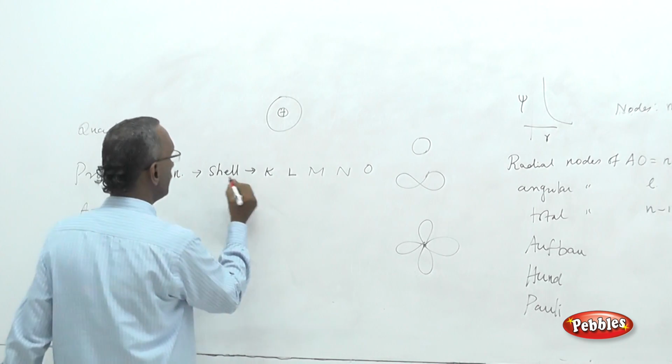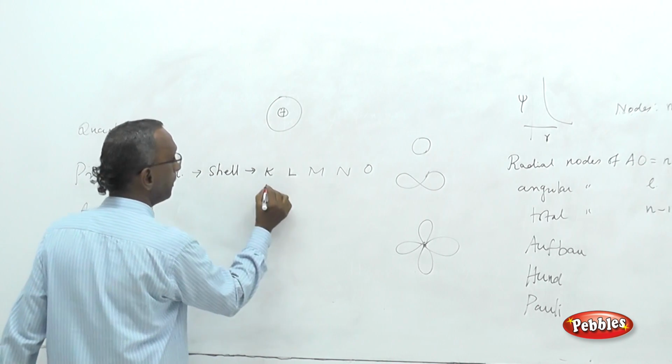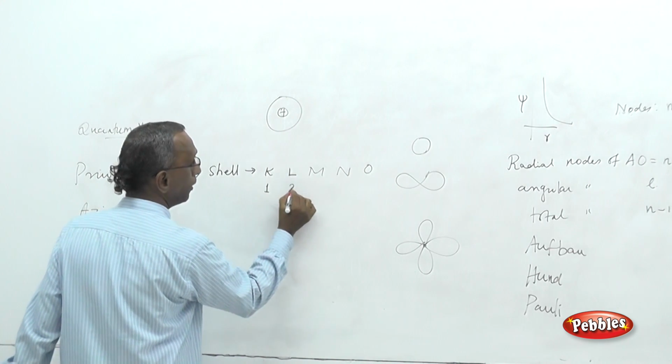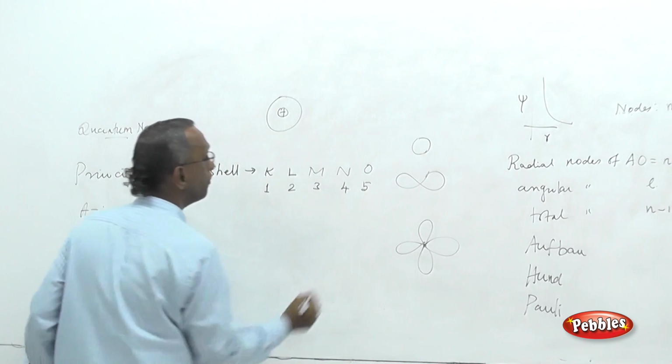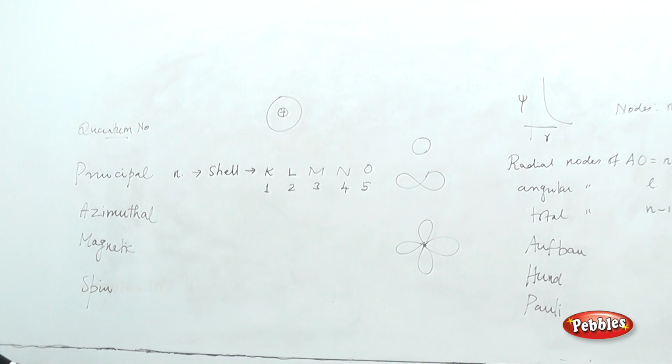If the electron is present in K shell, its principal quantum number is 1. If the electrons are present in L shell, M shell, N shell or O shell, the respective principal quantum numbers are 2, 3, 4, 5, and so on.